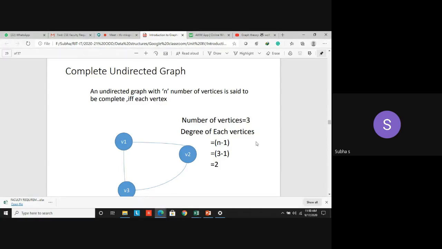So you can calculate the degree of each vertex by using the formula n minus 1. Here in a complete undirected graph, how many vertices are there? 3 vertices. How can you calculate the degree? Number of vertices minus 1. That will give the degree of the particular node. Okay.